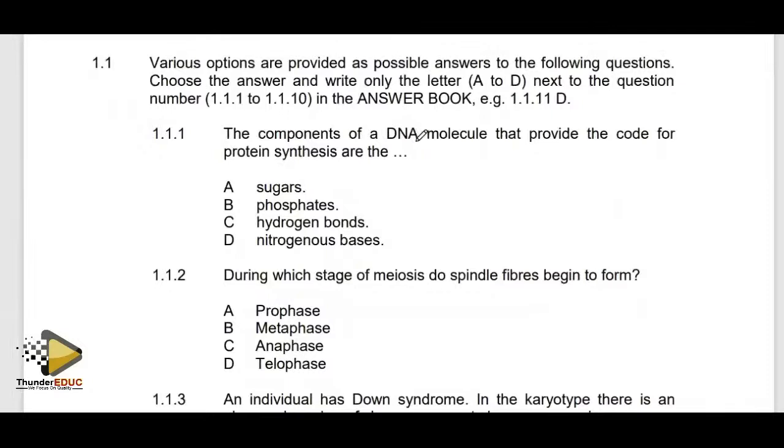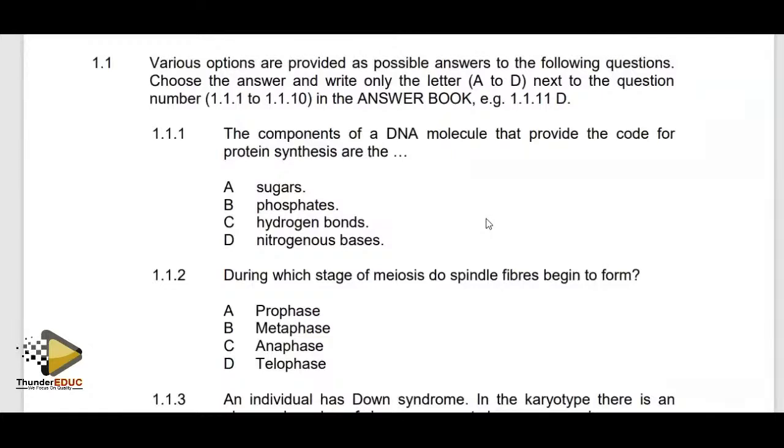The component of DNA molecule that provides the code for protein synthesis. Which component of DNA molecule provides the code for protein synthesis? So what causes this are the nitrogenous bases. What are the nitrogenous bases?